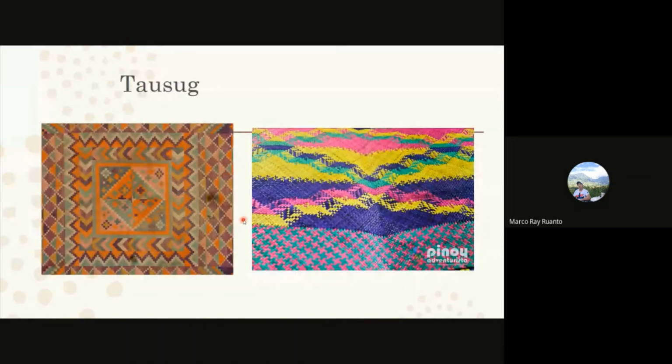Okay, we also have the banig from the Tausug people. In their banig, the geometric patterns are used. So as we can see here, geometric patterns are widely used, especially in appreciating our culture. Geometric patterns are used by our ethnic groups, historically and culturally, and they continue to exist.